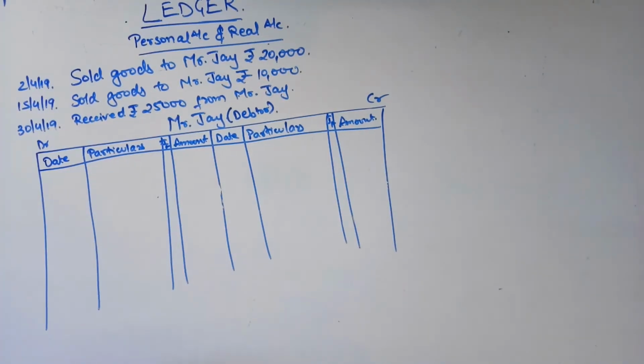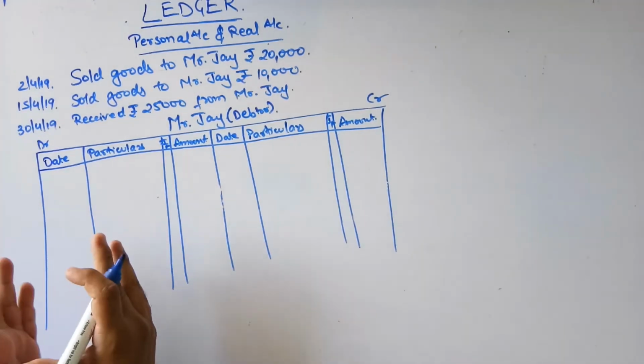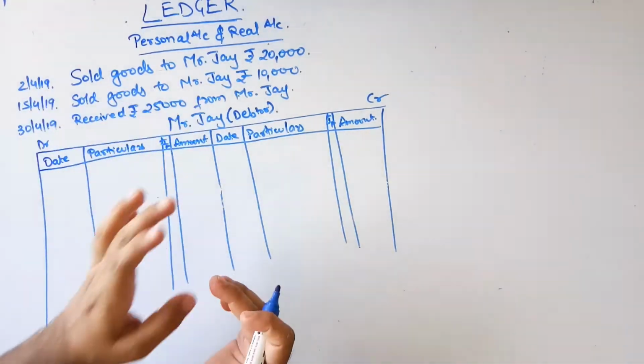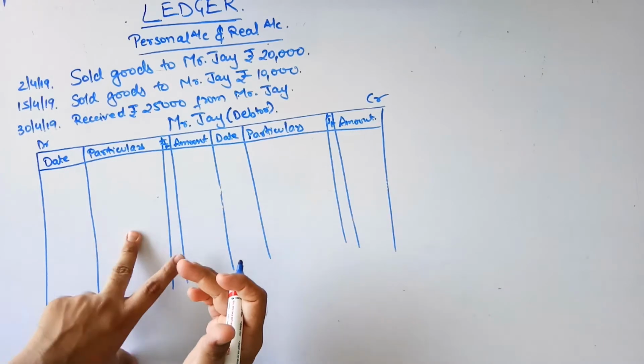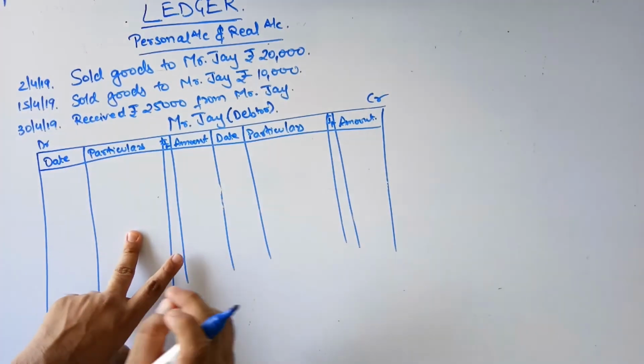Okay. Number one. Right now, from now onwards, we'll not write the journal entry. We'll directly make a perception about what exactly the journal entry will be, and we'll directly pass that journal entry in the particular ledger. Okay, guys? No more writing the journal entry now.